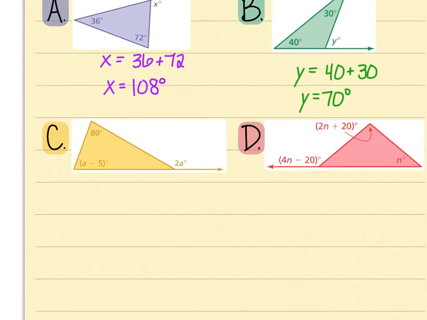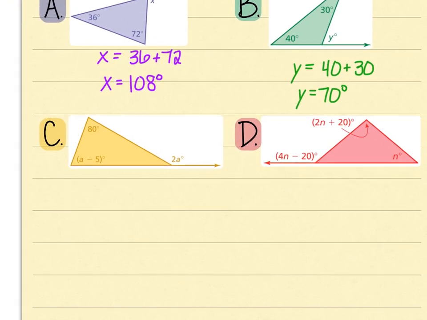And then in example C and D, again, I'm going to do the exact same thing, but it's 2a, not just a. So 2a, the exterior angle, is equal to the sum of the two non-adjacent interior angles. So a minus 5 plus 80. And so when I combine my like terms, that's going to be 2a equals a, and negative 5 and 80 makes positive 75.